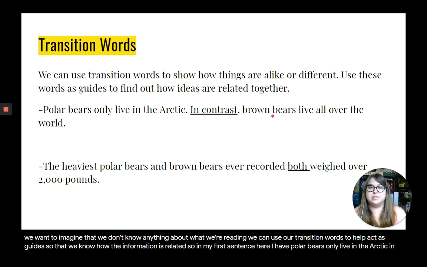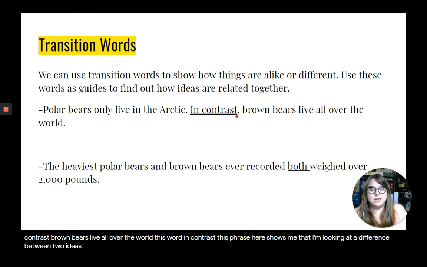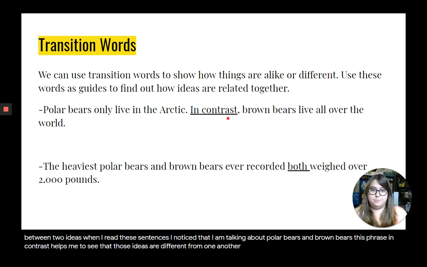In contrast, brown bears live all over the world. This phrase here, in contrast, shows me that I'm looking at a difference between 2 ideas. When I read these sentences, I notice that I am talking about polar bears and brown bears. This phrase in contrast helps me to see that those ideas are different from one another.